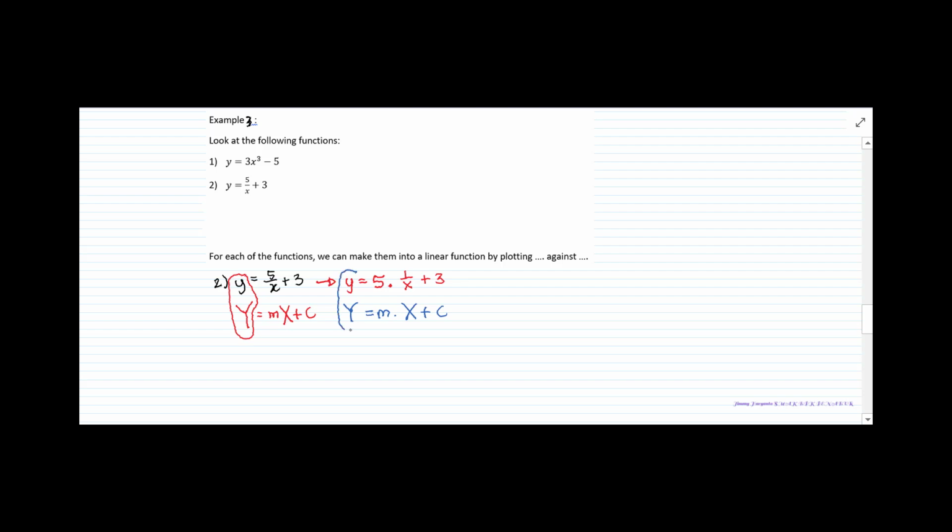We can say that the big Y is y and the big X is 1 over x. So what do we have to plot? We have to plot y against 1 over x. There you go, to make it a straight line.